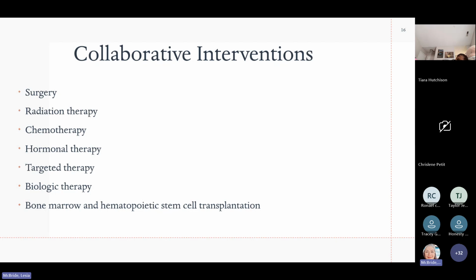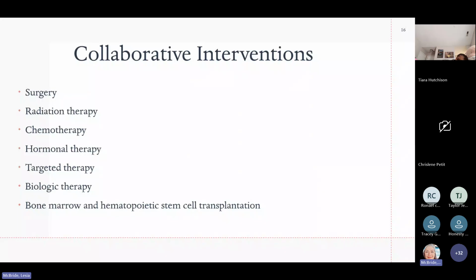We can also instill a radioactive isotope into the bladder, where you hold on to it and then you pee it out 45 minutes to an hour later. So there are a lot of different treatments that we're doing.